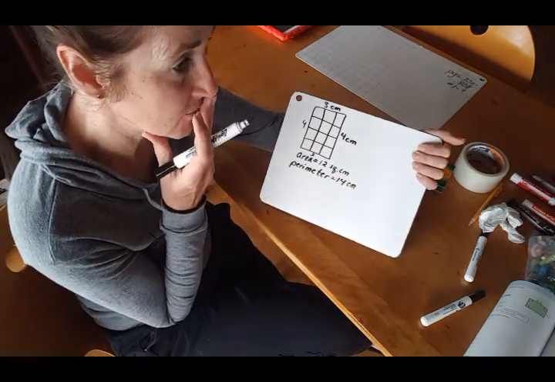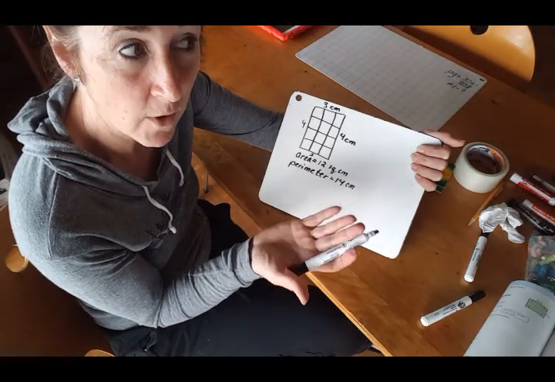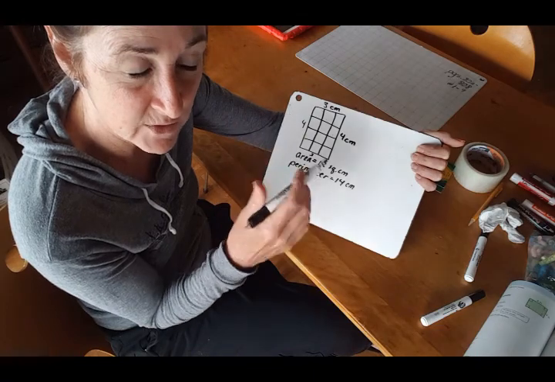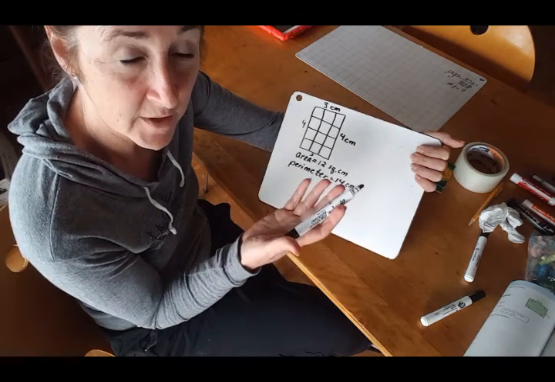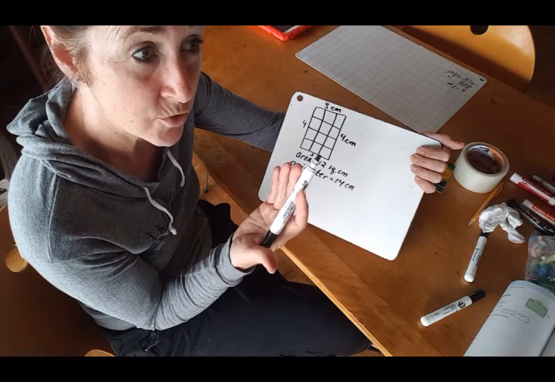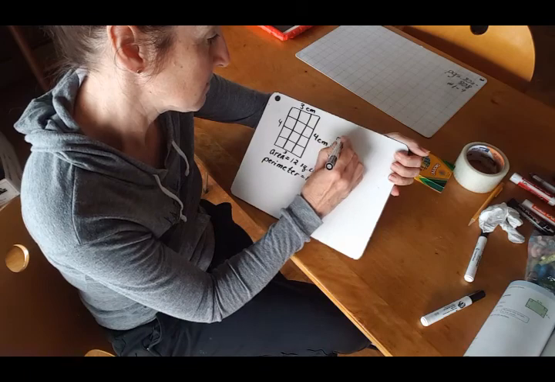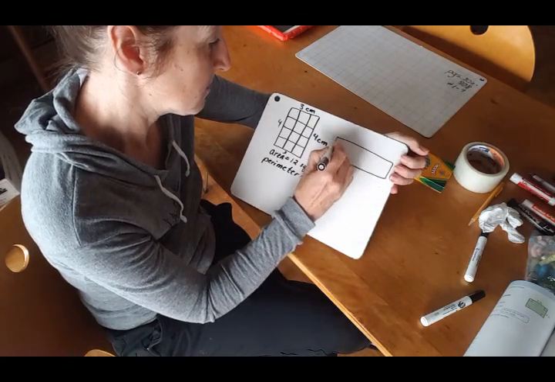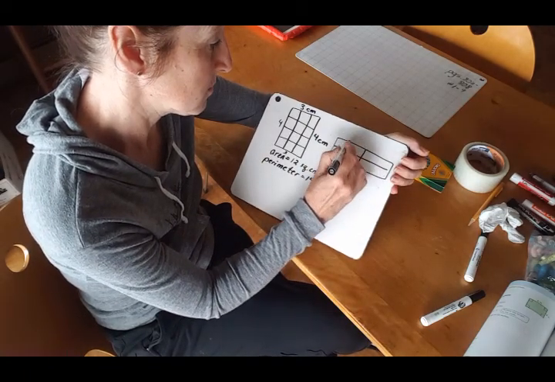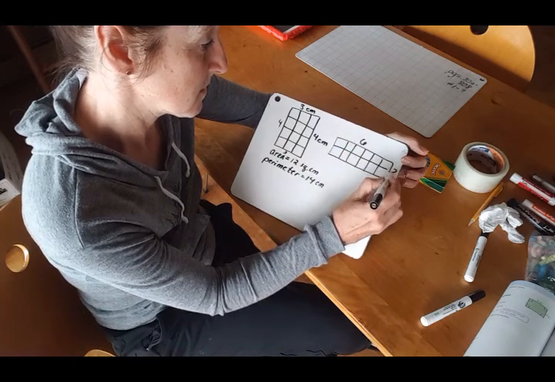So you have to think to yourself, well, how can I use 12? How can I make an array with 12, and not have it be 3 times 4? What's another multiplication fact that equals 12? You could do 2 times 6, right? So that would mean your rectangle would be 2 times 6, right?